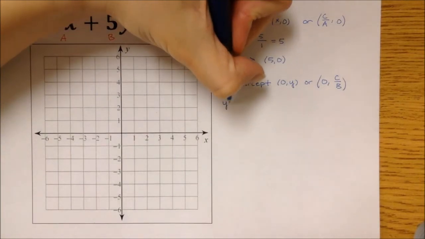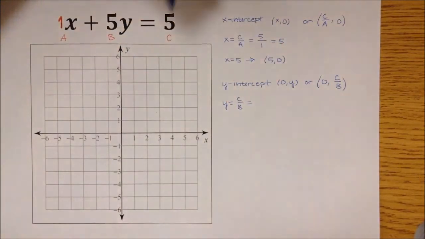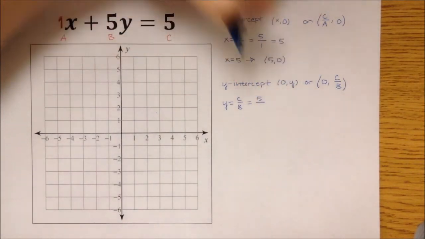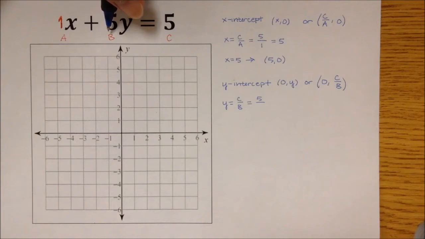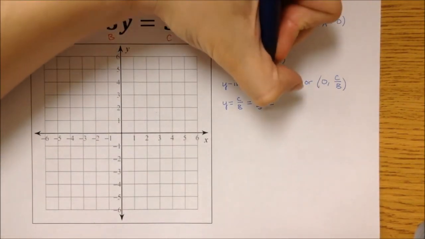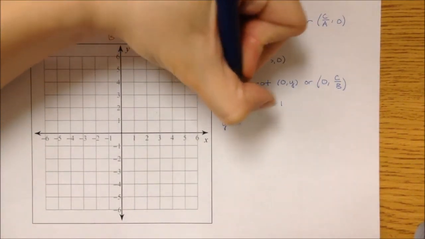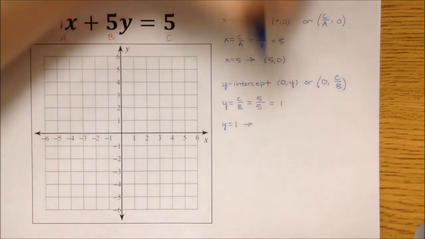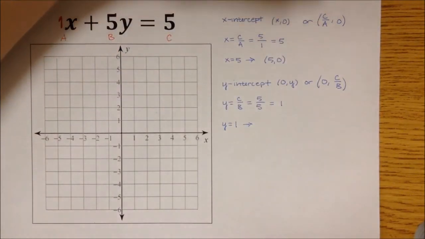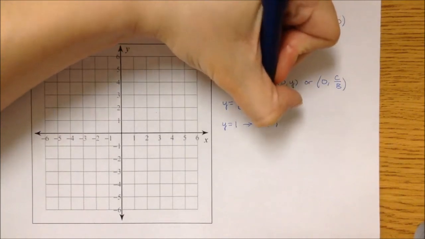Alright, y equals capital C divided by capital B. So our value for capital C is just positive 5 divided by the value of capital B, which is also positive 5. So positive 5 divided by positive 5, that's 1. So y equals 1. So therefore, our coordinate point is 0, 1.